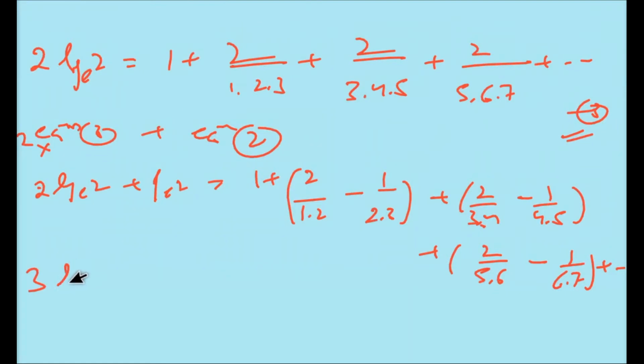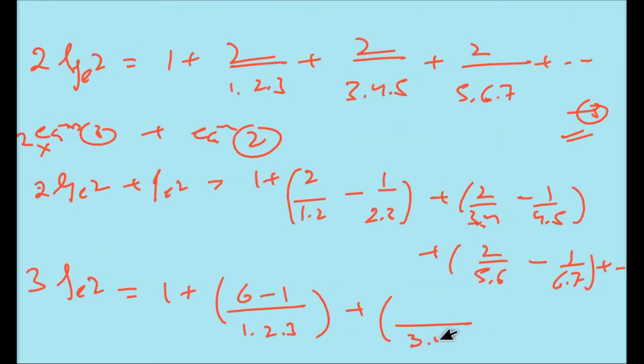So we get 3 log e base 2 equal to 1 plus, taking LCM here, we take the LCM 1, 2, 3 and we get 6 minus 1, plus we take the LCM 3, 4, 5, 10 minus 3, and then we get LCM 5, 6, 7, 14 minus 5, and so on.